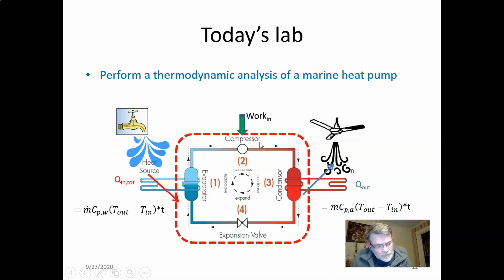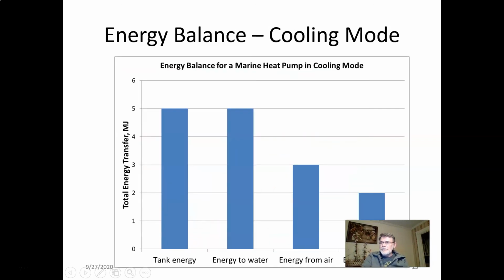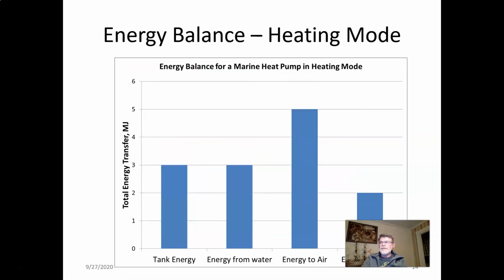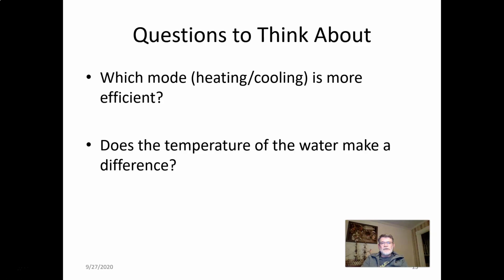Sometimes people ask, what's the capacity of your HVAC compressor? Let's say 1 ton, 1.5 tons, 2 tons. So this is where you will find that useful information. Things to think about: which mode, heating or cooling, is more efficient? I think we provided some hints here, but you will have to demonstrate it. And does the temperature of the water make a difference?